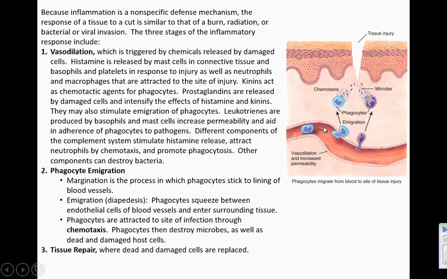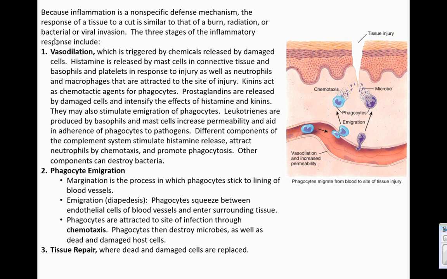Once the white blood cells get there, they then need to go to the area where there's actual trauma, like in the case here where we've cut through the skin and microbes have entered. So the white blood cells poke through the blood vessel wall. That's what emigration is. It involves margination, which is where they first stick to the wall, and then emigration or diapedesis, where they squeeze between the endothelial cells that form the wall.